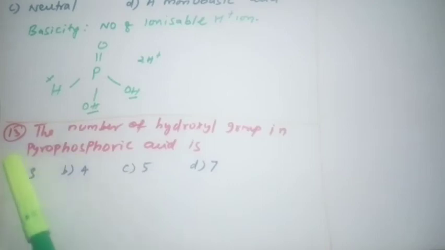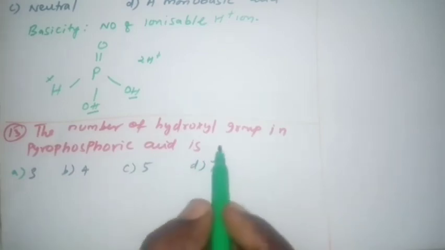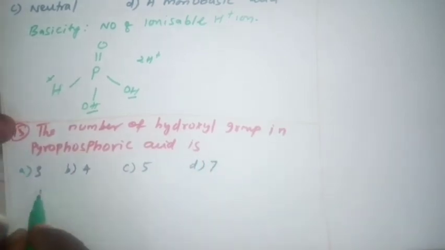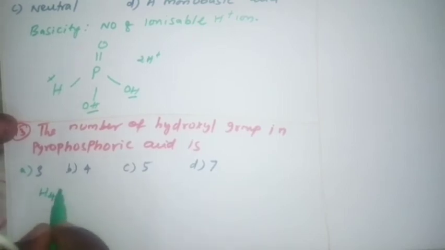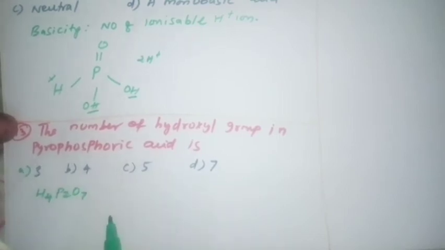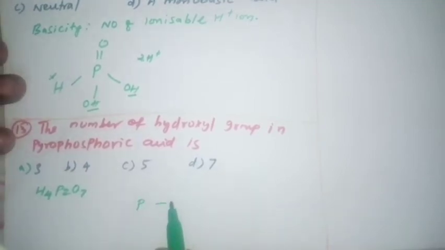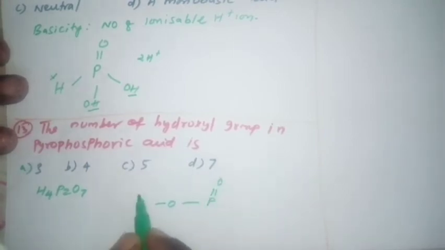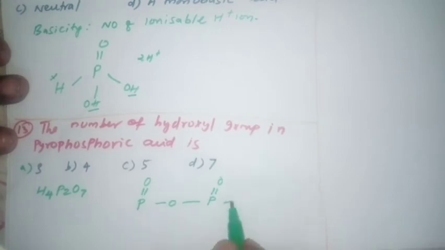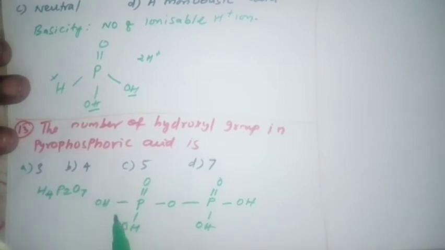So now question number 13. The number of hydroxyl groups in pyrophosphoric acid is, the formula of pyrophosphoric acid is H4P2O7. Now draw the structure. There are 2 phosphorus atoms, then 1 oxygen atom in the middle, then here double bond O, here also double bond O, then the remaining OH, here OH, and here OH, here also OH group.